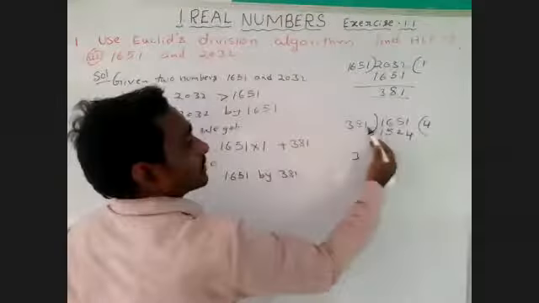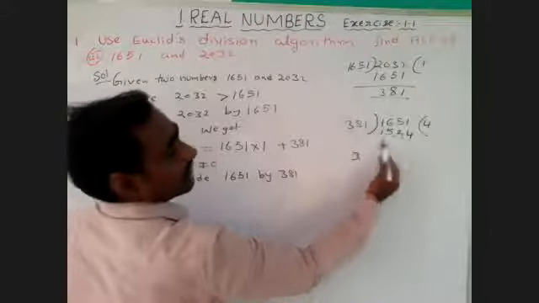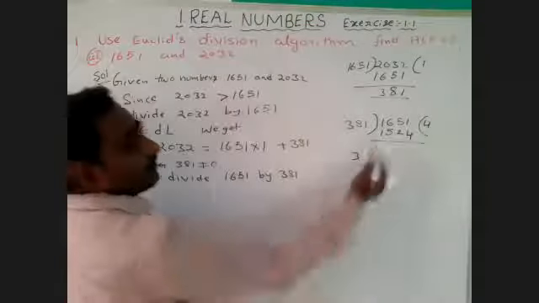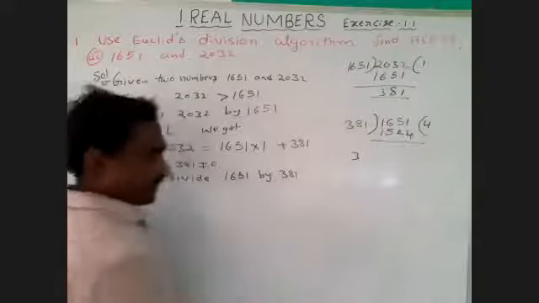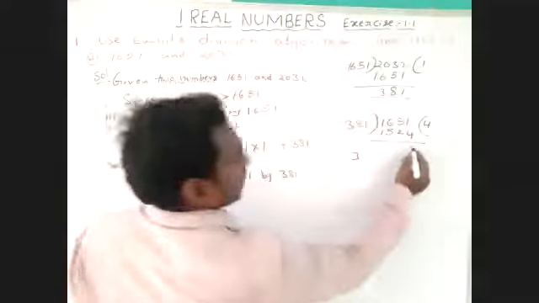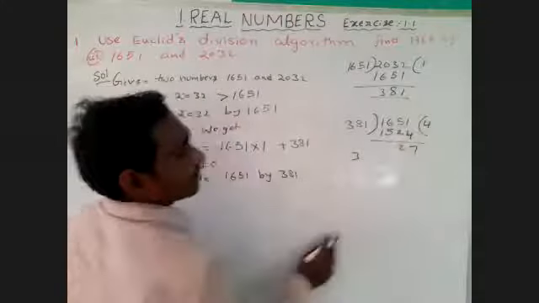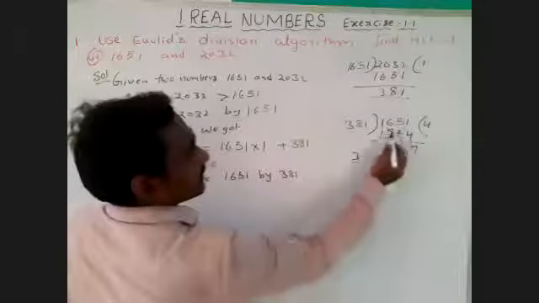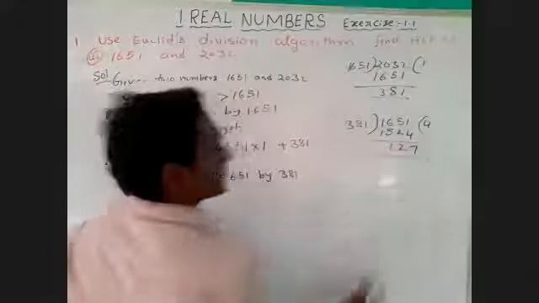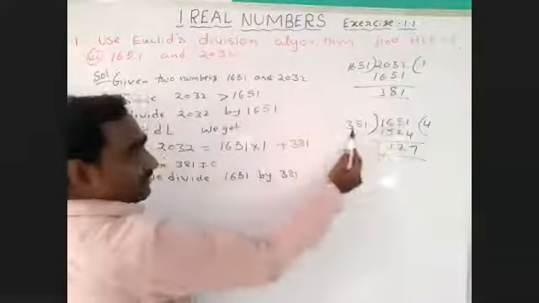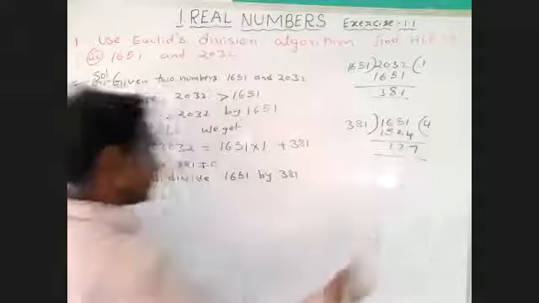Subtracting from 1651 gives 127. So 1651 divided by 381 gives a quotient of 4 and a remainder of 127.